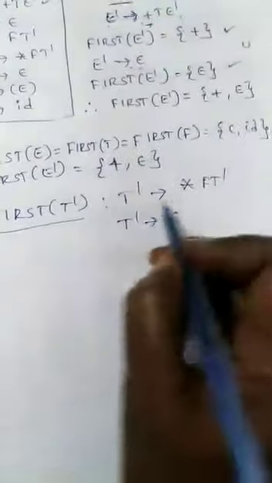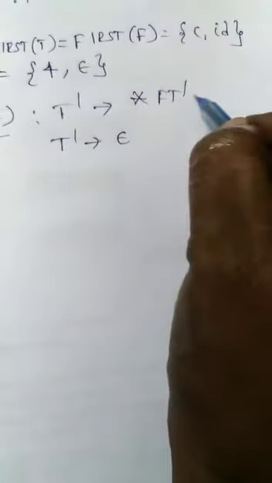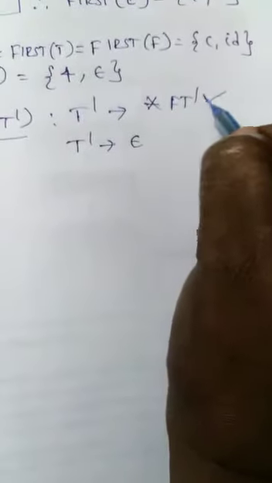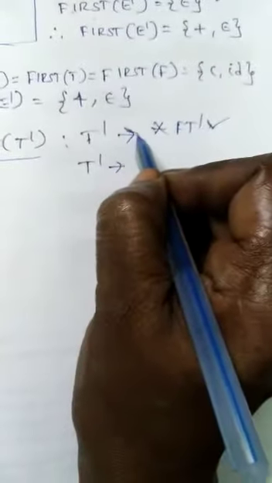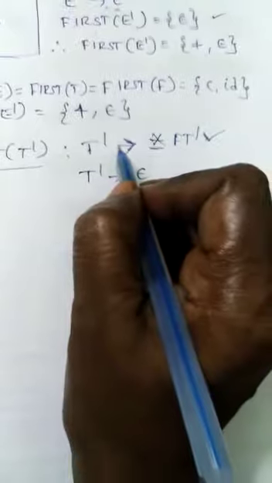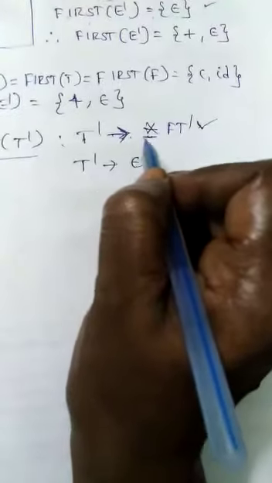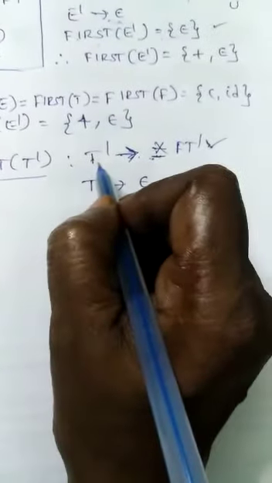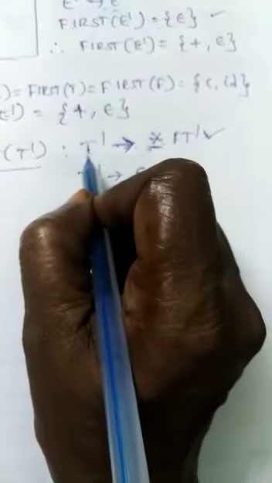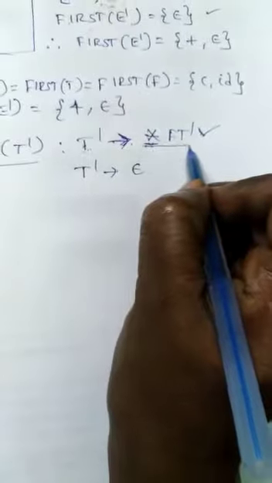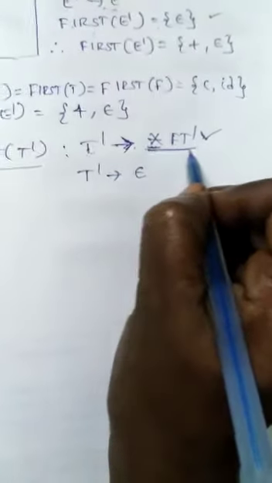So for first of T dash, first we take this production rule: T dash leads to star. Whatever character appears in front of the arrow mark is the first letter of the right side production of the non-terminal. This is the non-terminal; a non-terminal is always put on the left hand side. Then the expansion of the left hand side always goes after the arrow mark. Okay, this is the first symbol.